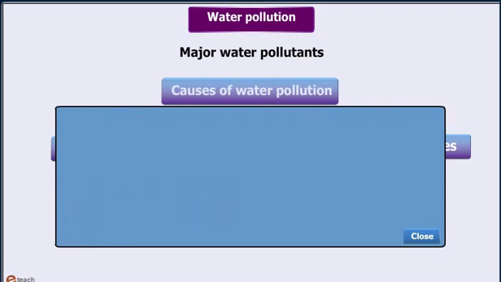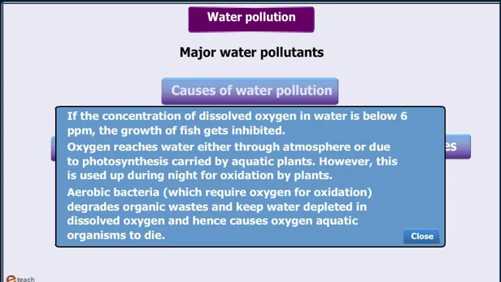If the concentration of dissolved oxygen in water is below 6 ppm, the growth of fish gets inhibited. Oxygen reaches water either through the atmosphere or due to photosynthesis carried out by aquatic plants. However, this is used up during night for oxidation by plants.